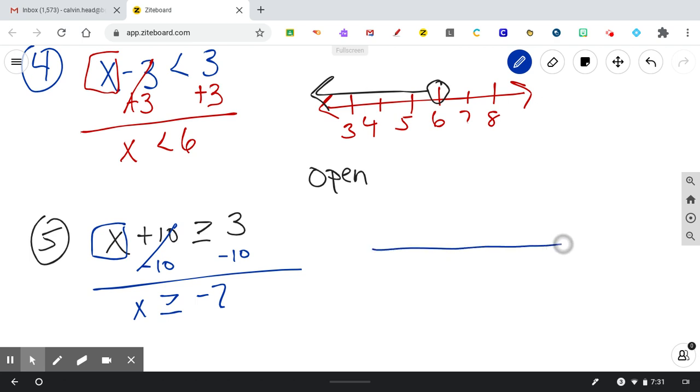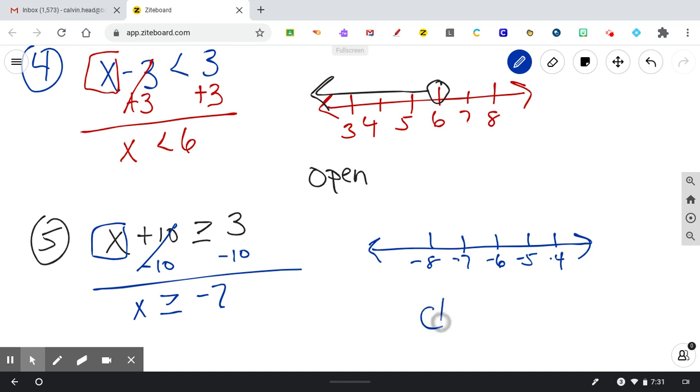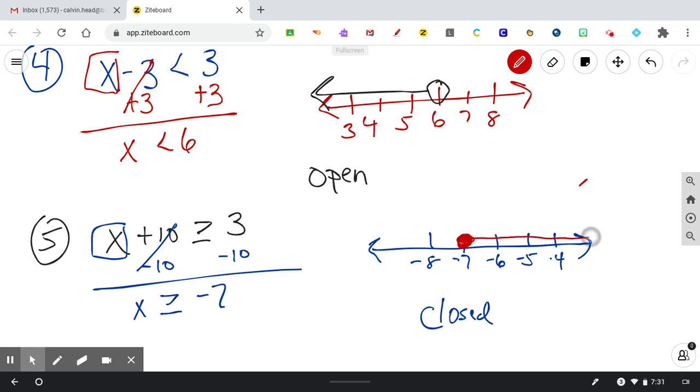Okay. So I draw my line. And when I put these on here, I'll have negative 8, negative 7, negative 6, negative 5, negative 4. Okay. It's going to be a closed circle. So closed circle. Sorry, I tried to change my colors there. Closed circle on negative 7, going to the right.